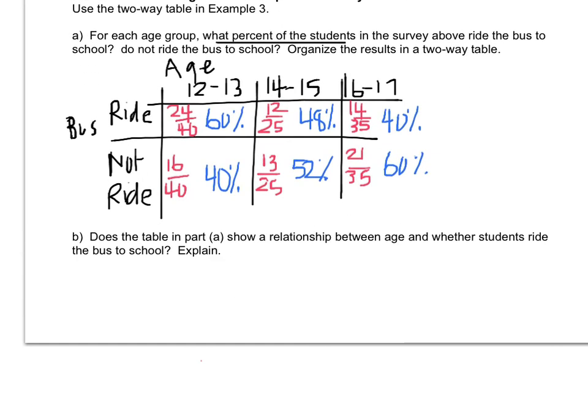So letter B, does the table that we just did show a relationship between age and whether or not someone rides the bus? So obviously, if you look, the older kids are, the less likely they are to ride the bus. The older they are here, the more likely they are to not ride the bus. So these really say the same thing.